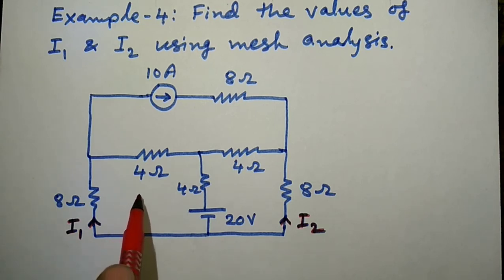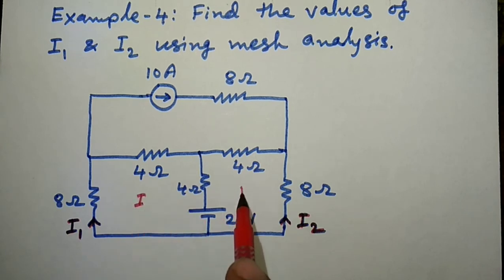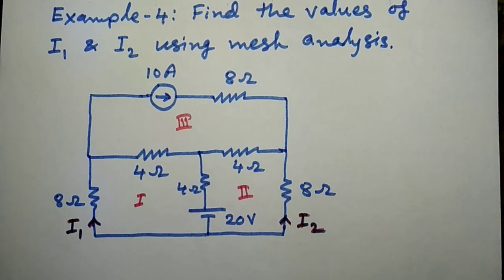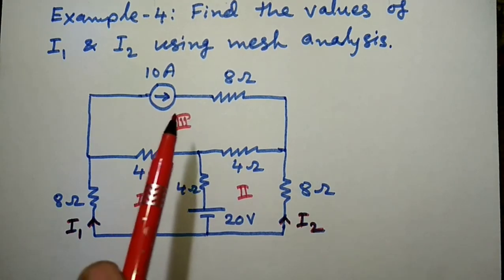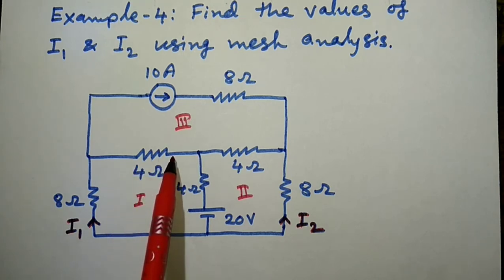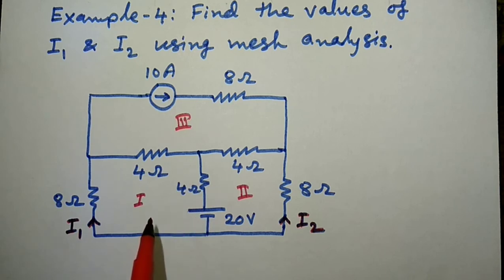You can consider it as mesh 1, mesh 2 and mesh 3. You have to take the individual mesh currents. Then in terms of the mesh currents, you have to consider the branch currents. Then apply the KVL, and after solving the equations, find the value of I1 and I2.